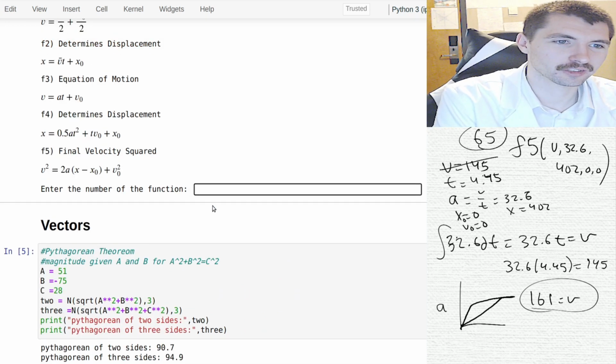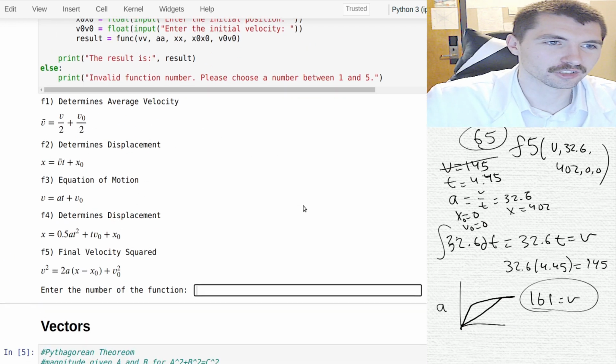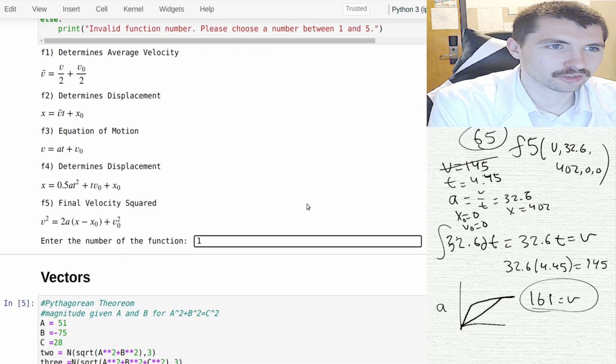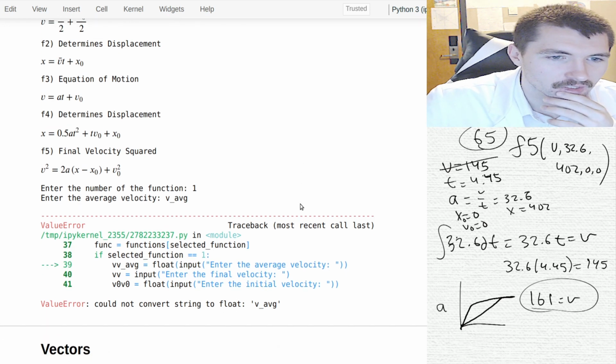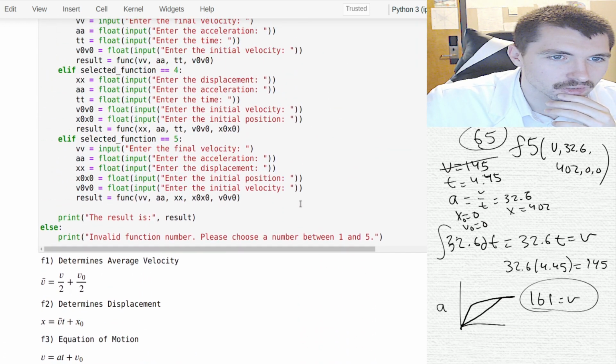All right. Say I want to do function 1, velocity v average, convert string to float.